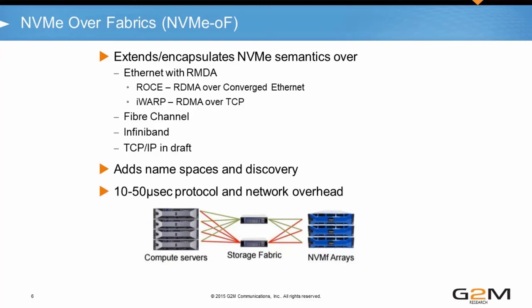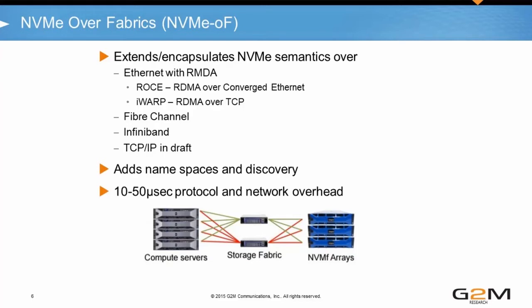But because NVMe over Fabrics was designed in today's low latency environment, not in the much higher latency environment of the hard drive 20 years ago, rather than sending data across 1 gigabit Ethernet, today's NVMe over Fabrics solutions use low latency network environments.